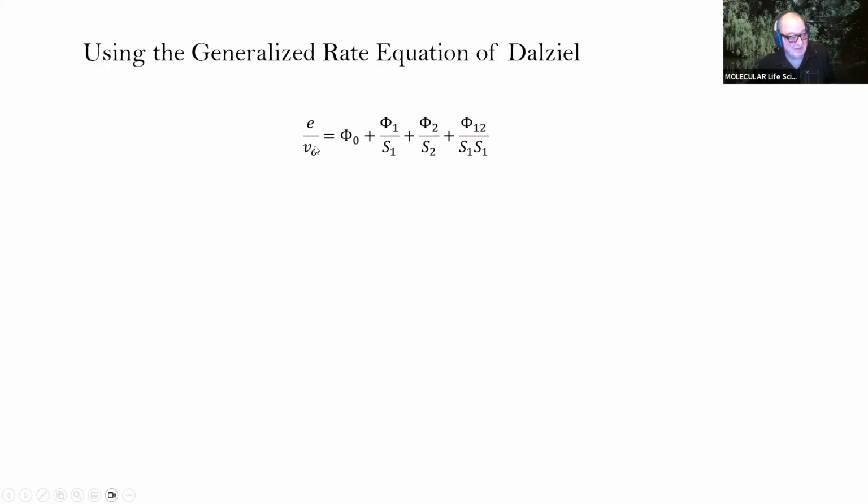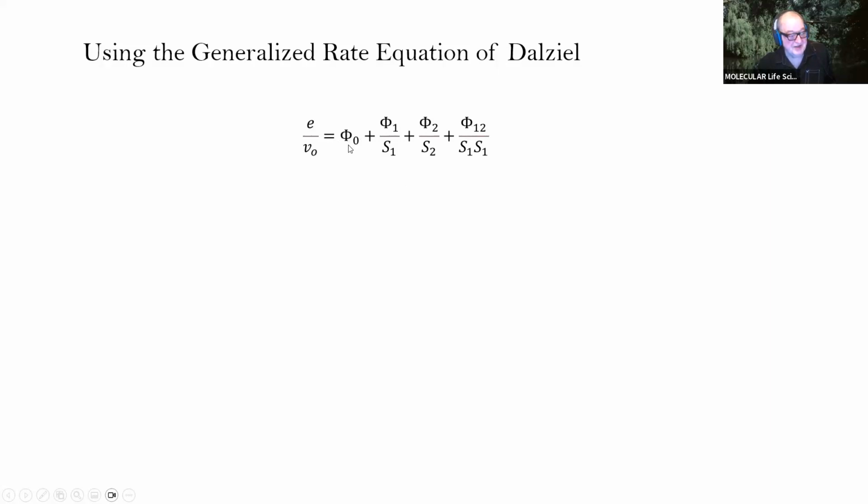So it's a Lineweaver-Burke plot type equation, because that's an E over V or 1 over V type start, is equal to, and he called these things initial rate parameters, or sometimes they just get called phi parameters. But for a 2-substrate enzyme, whatever its mechanism, there are 4 initial rate parameters.